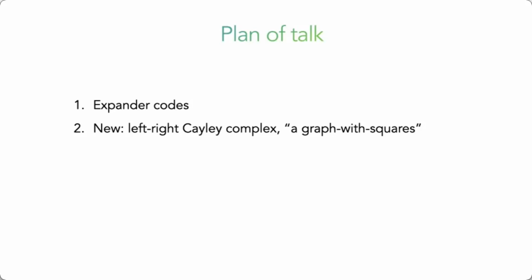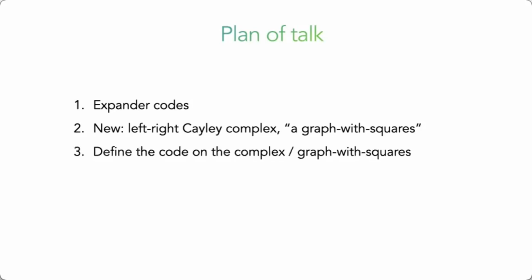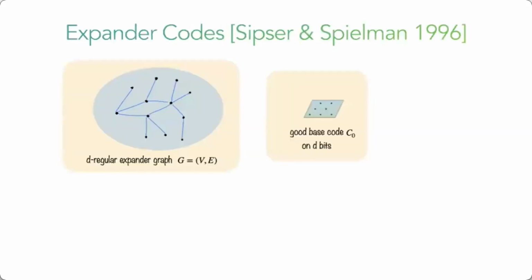It's basically a graph that also has these squares. Then I'm going to define the error correcting code on this Cayley complex. And then we look at some properties of this thing, and try to understand why it's locally testable.